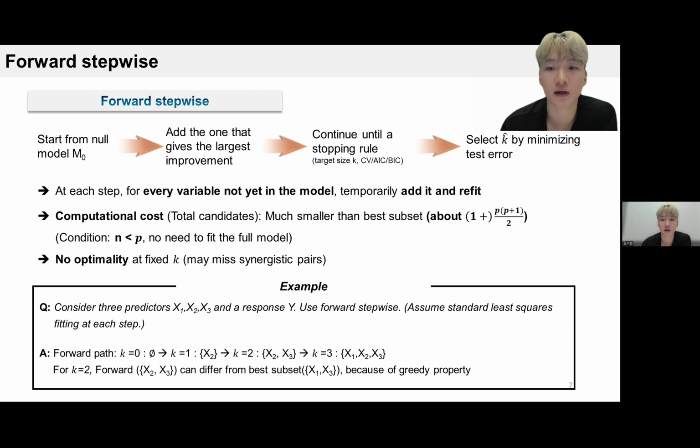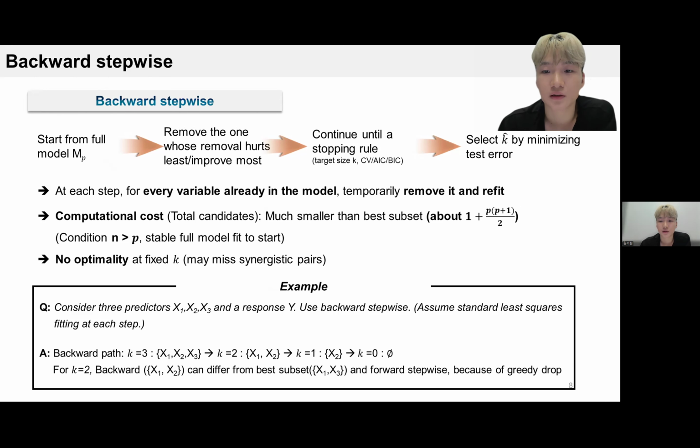At each step, try adding each remaining predictor, pick the one that helps the most, and repeat until your stopping rule. The main caveat is the greedy nature. It may miss a pair of predictors that is weak individually but strong together. That is why we don't finalize based on training error. We will evaluate each size by cross-validation and then decide.